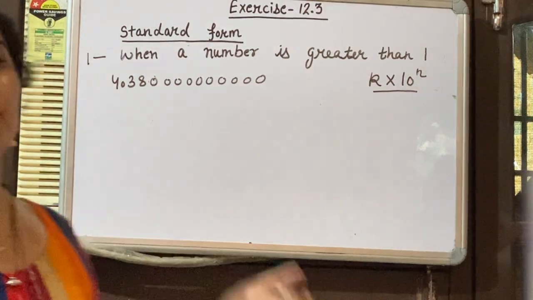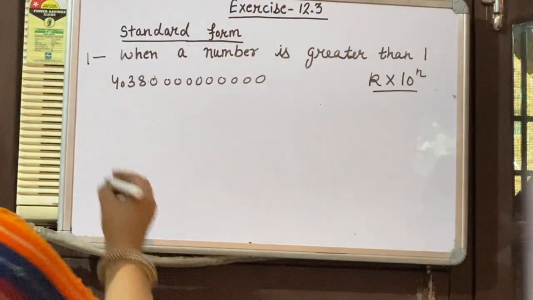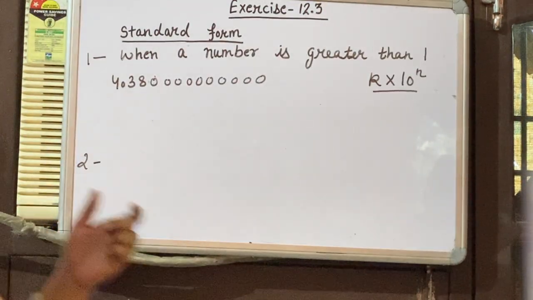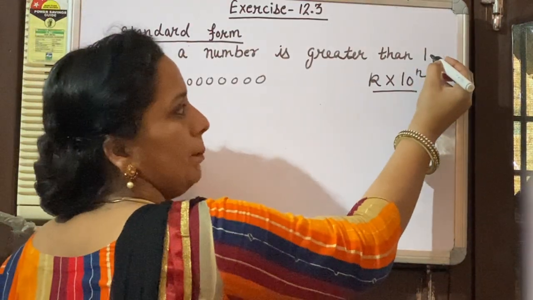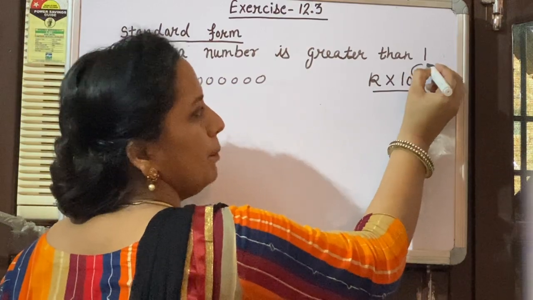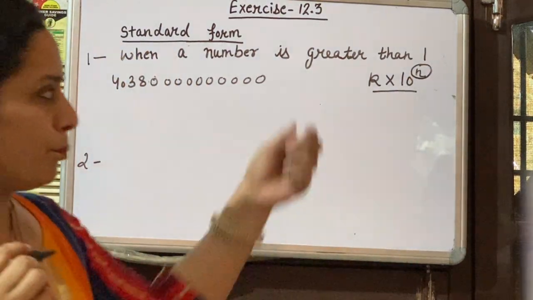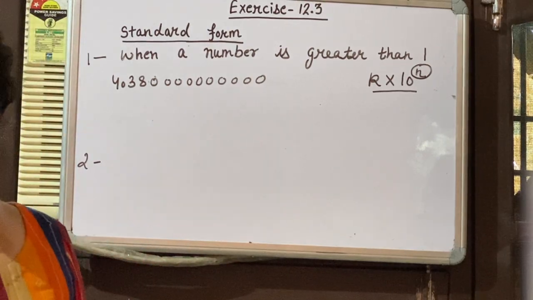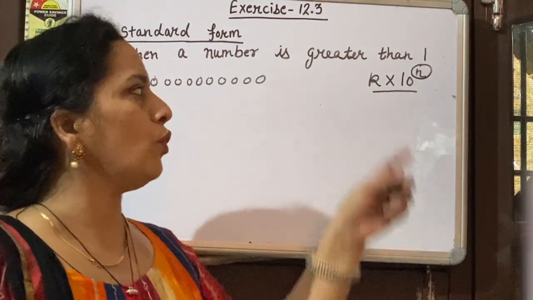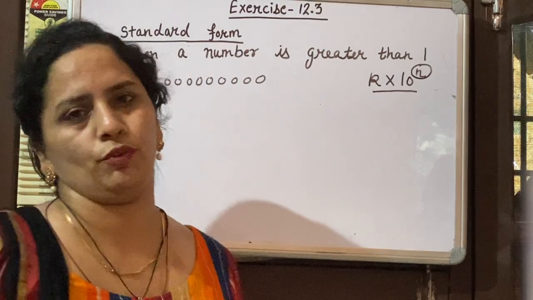This is the main difference between these two types. Second type, when a number is less than 1. When a number is greater than 1, the power of 10 must be in the positive form, but when a number is less than 1, then the power of 10 must be in the negative form.